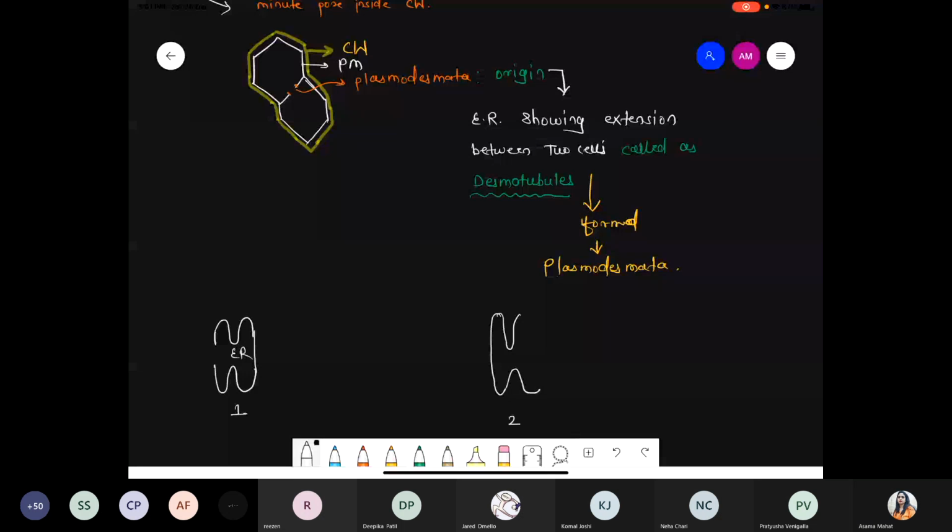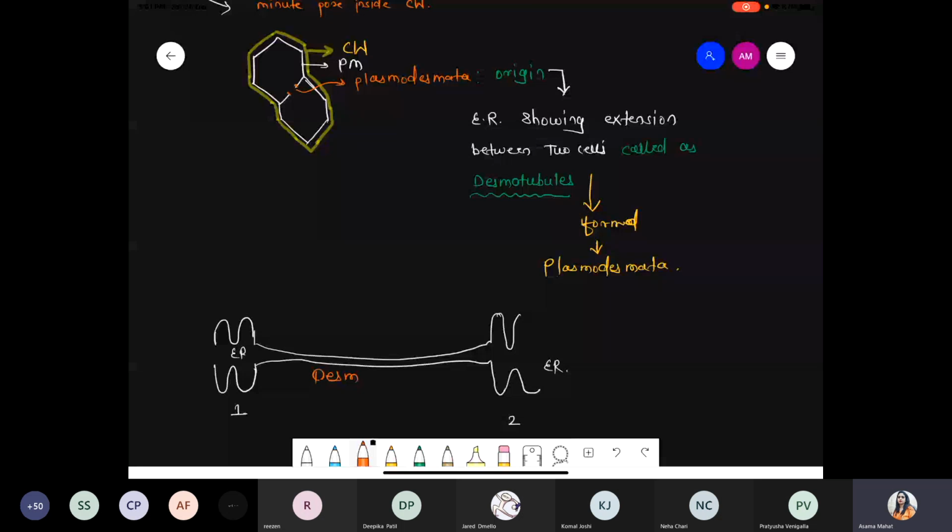The ER of one cell shows a connection with the ER of the other cell through the plasmodesmata. Plasmodesmata are the minute pores formed in the cell wall, and the structure that gets formed is called the desmotubules.